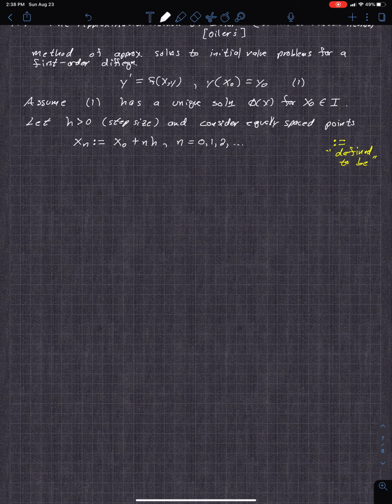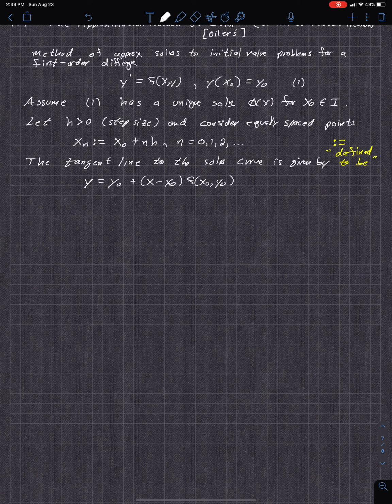So for this method, the tangent line to the solution curve is given by y equal to y naught plus x minus x naught times f of x naught, y naught.